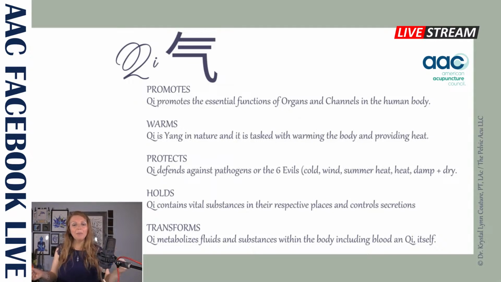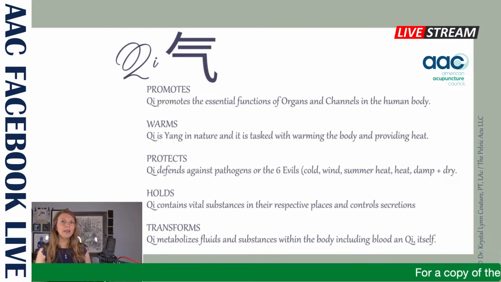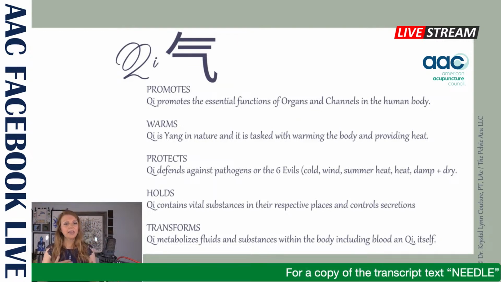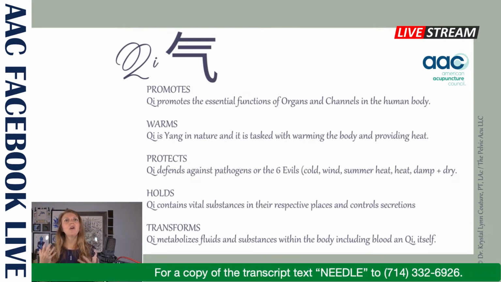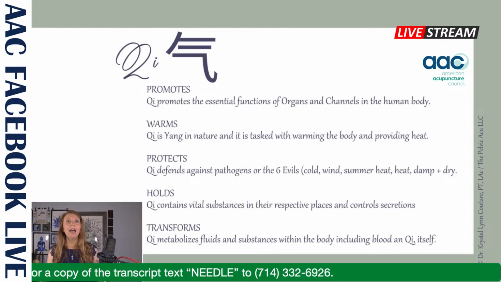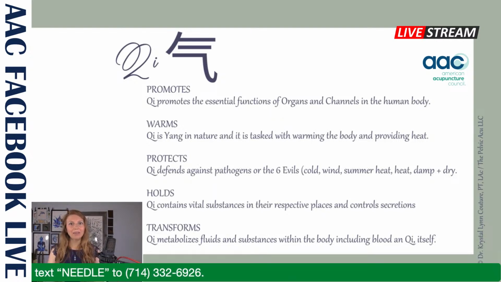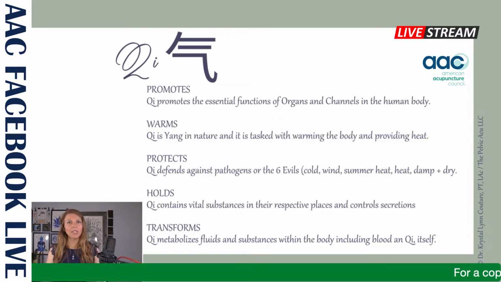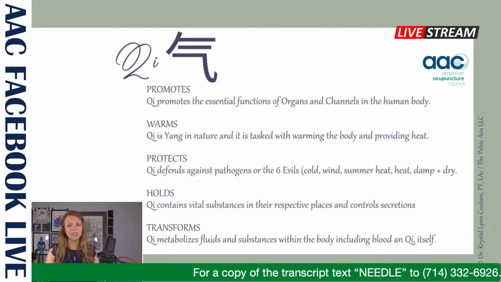Qi also metabolizes fluids and substances within the body, which includes our blood and the qi itself. So when we're looking at qi as a vital substance and thinking about these functions, we can already start to see how we've got all these fluid balances occurring in the pelvis itself within the organs, but we also have that musculature that's going to require qi and blood as well.